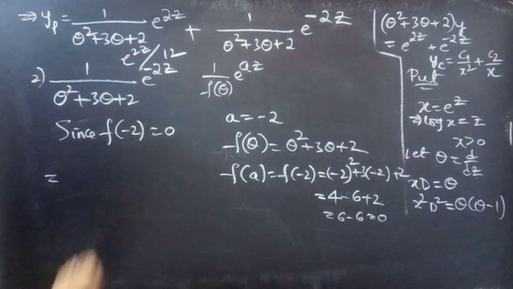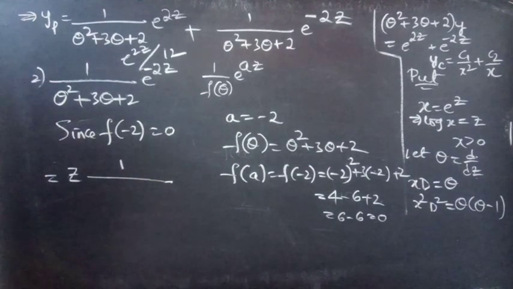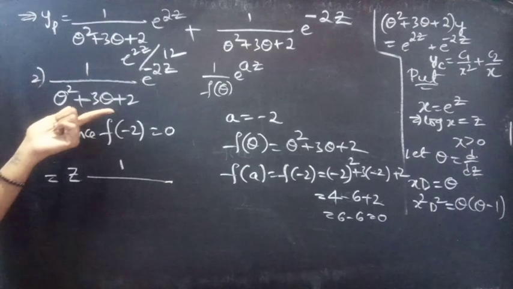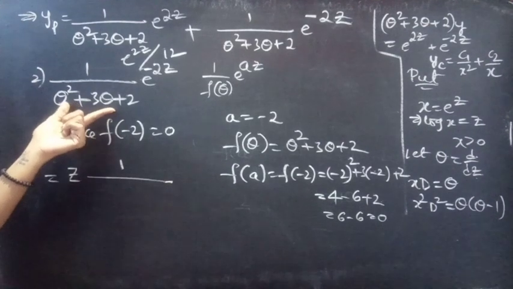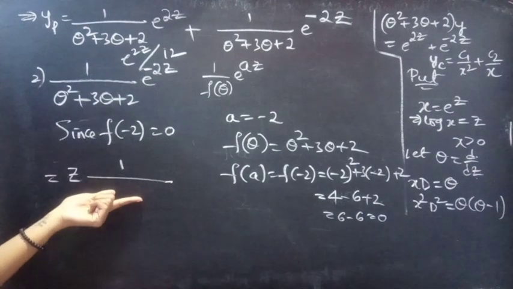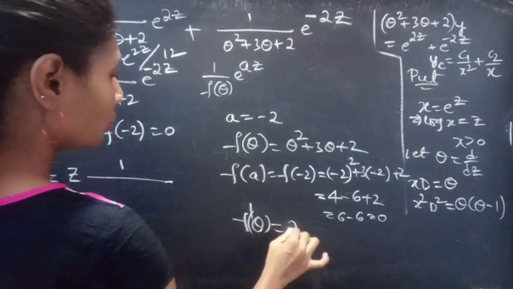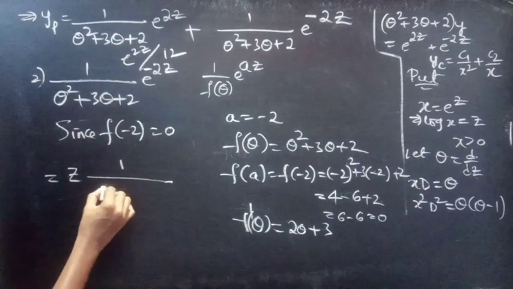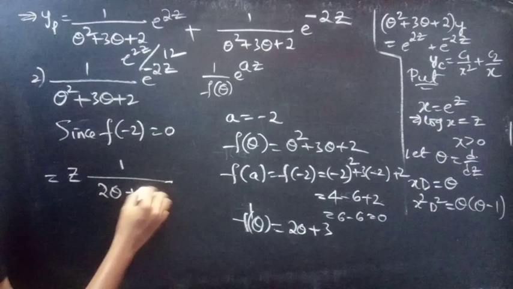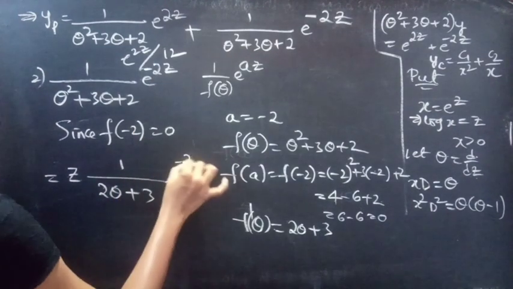So what we'll do is we'll write one independent variable z into 1 by. Now see, in the denominator of the previous step, we are having f of theta, right? Now we need to write f dash of theta. We'll get f dash of theta equals 2 theta plus 3. So write f dash of theta in the denominator, 2 theta plus 3 into e power minus 2z.